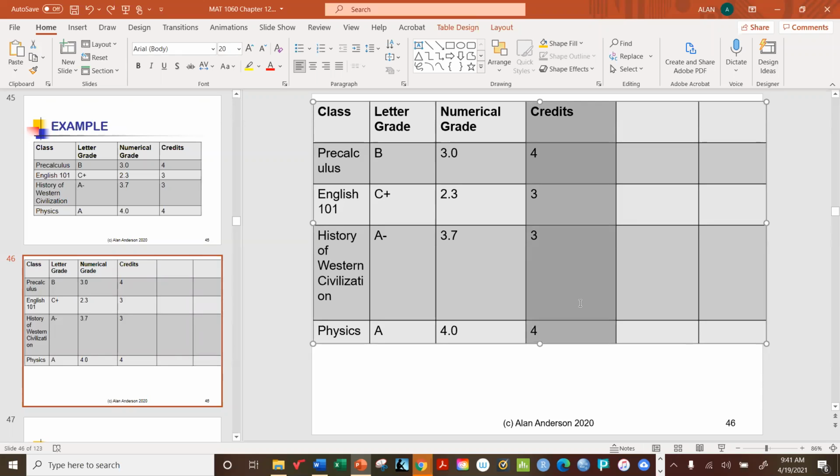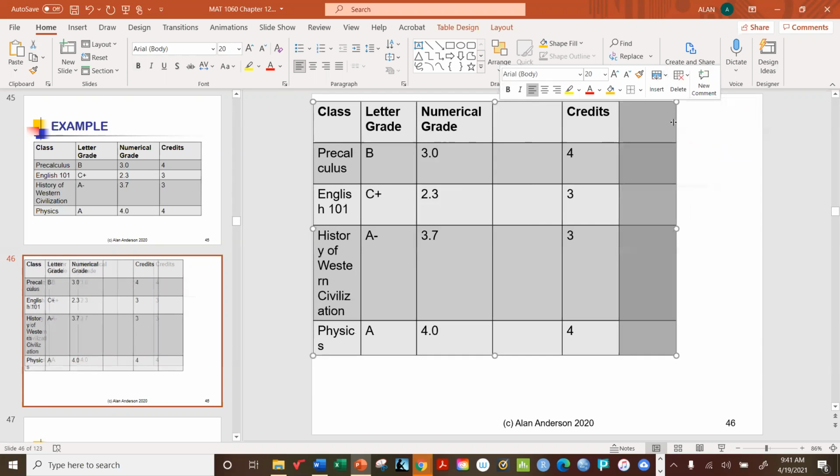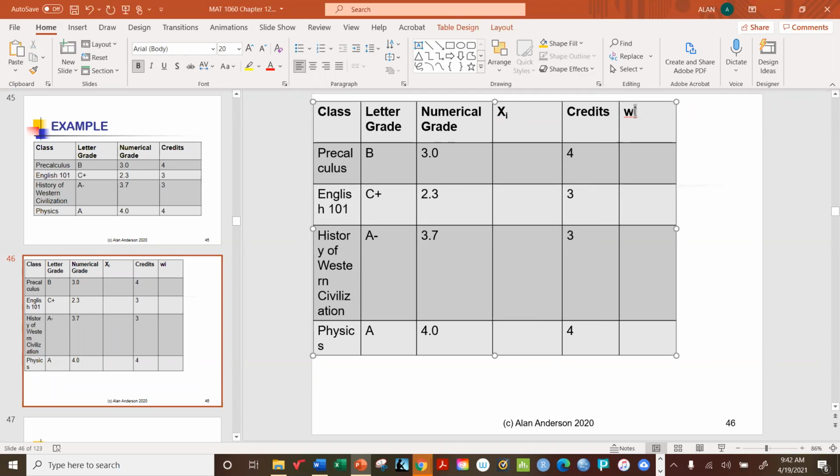What I'm going to do, just because I want you to see the connections, these will be the X's, and these will be the weights in my calculations. Well, all right, it's being too much of a pain. I'll just leave it like that.